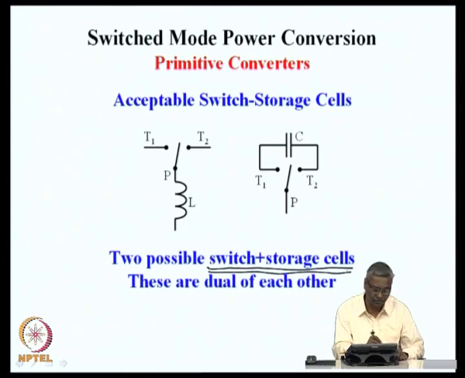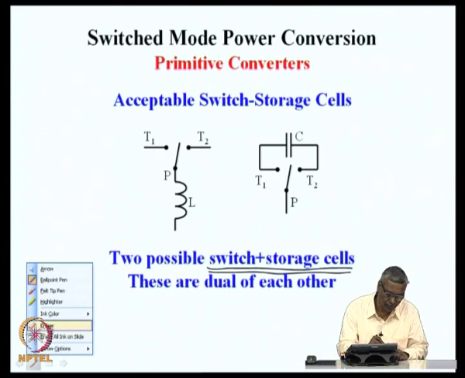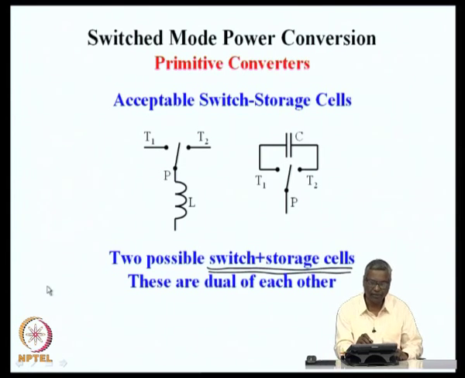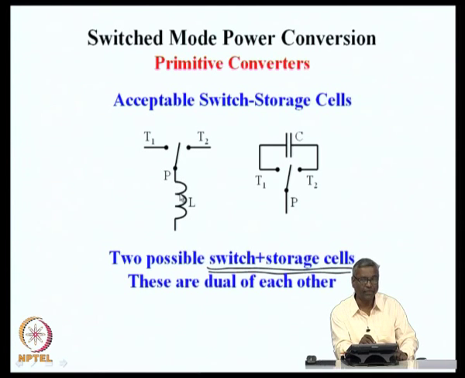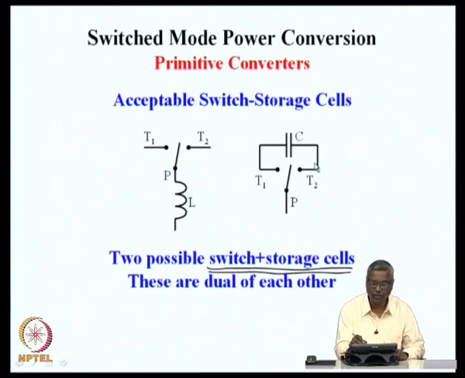We might use an inductor in series with the pole of the switch, or we might use a capacitor across T1 and T2, and this condition ensures that the current in the inductor is never interrupted, it is always in the main circuit, and the voltage across the capacitor is never shorted, because the switch will be either at T1 or T2, but never connected between T1 and T2.